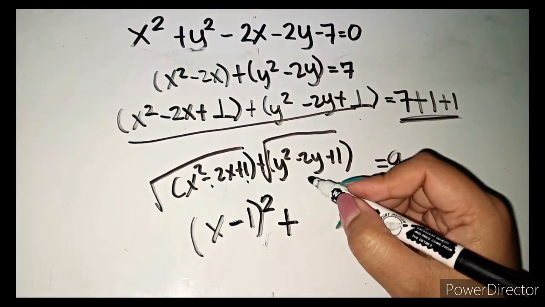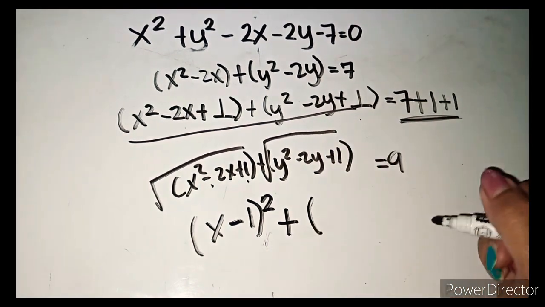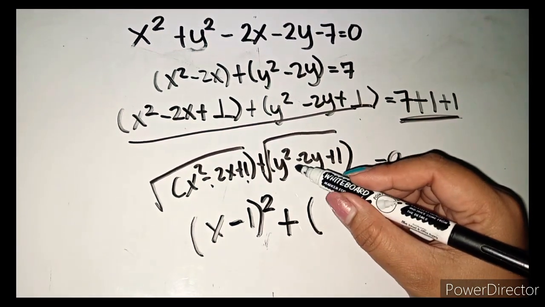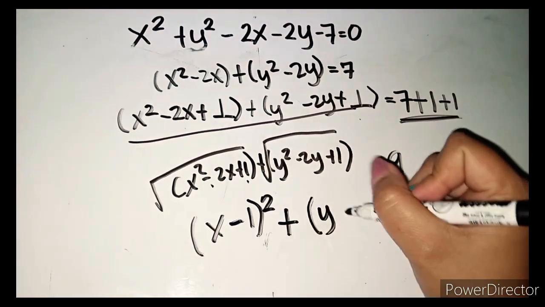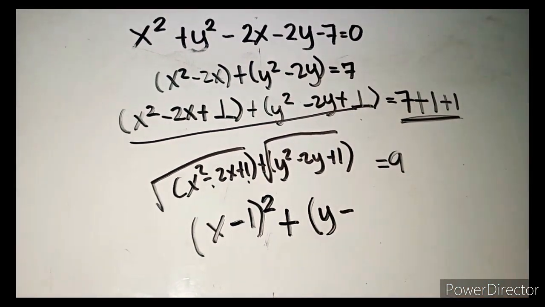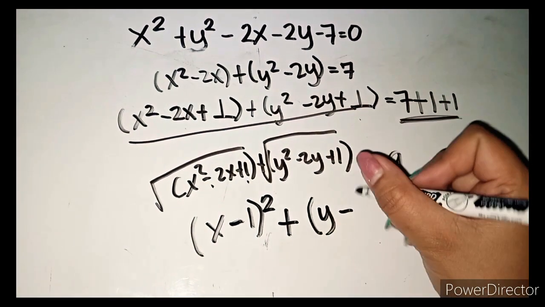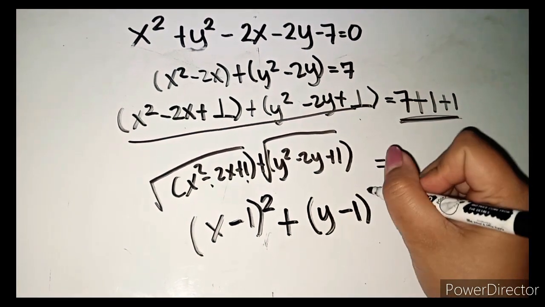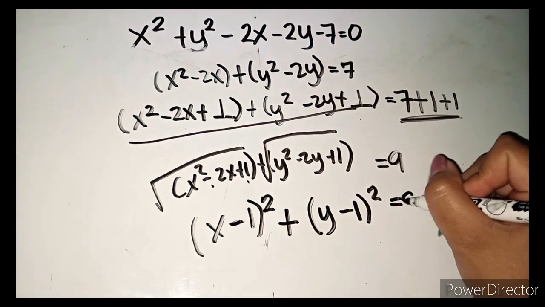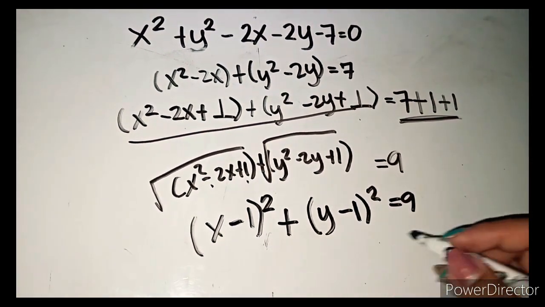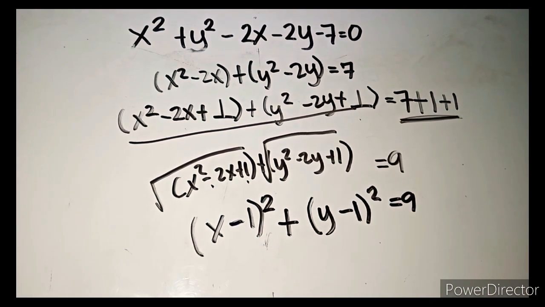Plus, open parenthesis muna. Then, square root of y squared is y. And then, copy the sign of the middle term. Then, square root of the last term, which is 1. Then, squared. Then, copy natin na lang yung 9. Okay? So, dito pa lang, makikita na natin, pwede na nating ma-identify yung value ng center natin.